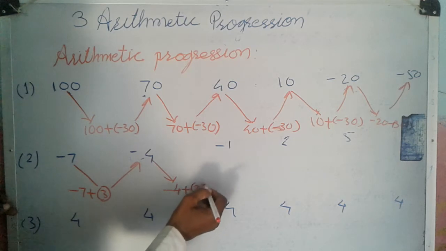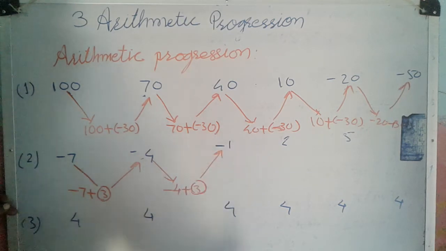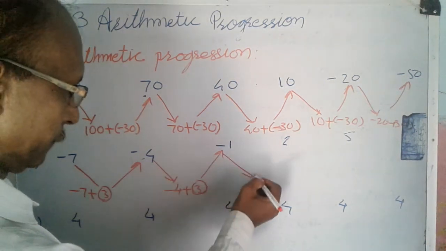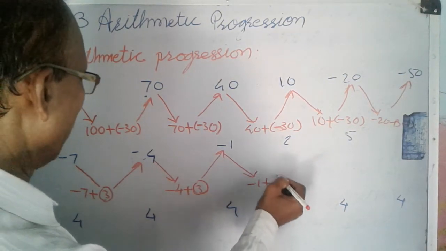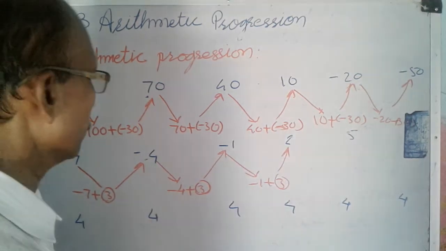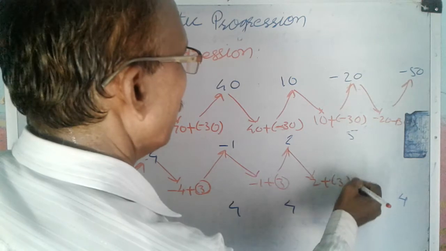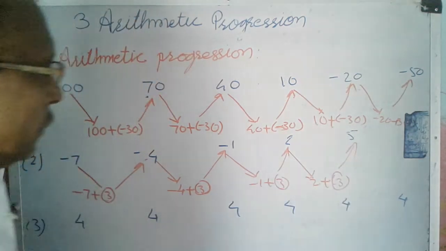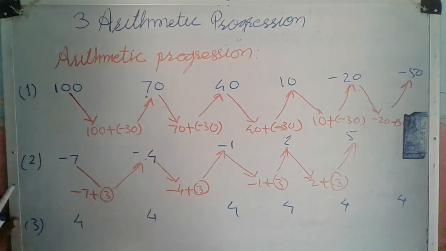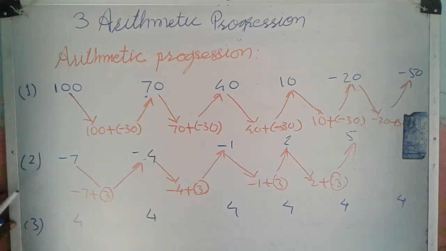Minus 4 plus 3, minus 1. Minus 1 plus 3, plus 2. Two plus 3, plus 5, like that.